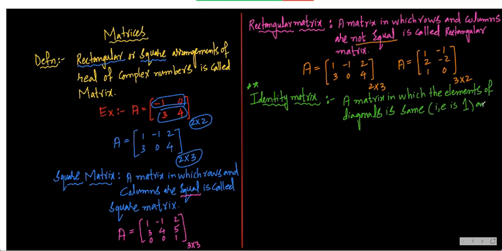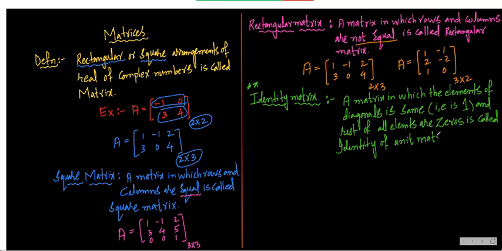And rest of all elements are zeros is called identity or unit matrix. Unit matrix, denoted by capital I.